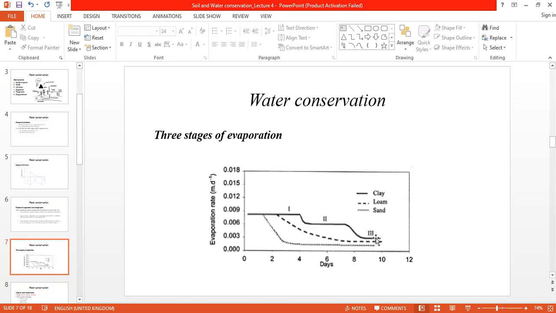It will almost be zero. That means you have entered the third stage where there's almost no evaporation. So it has 3 stages as well, just like infiltration. So when you start dealing with the software, we will be able to do this.